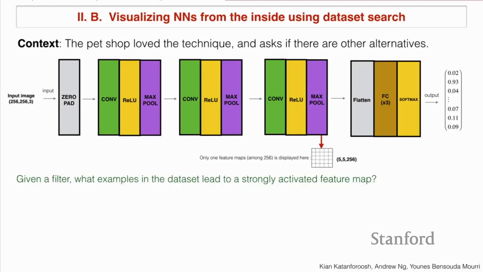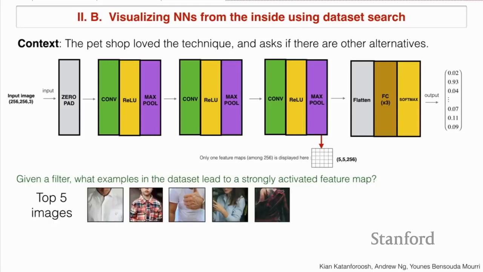You select one out of 256 feature maps, and we're going to run a lot of data forward propagated through the network and look at which data points have had the maximum activation of this feature map.